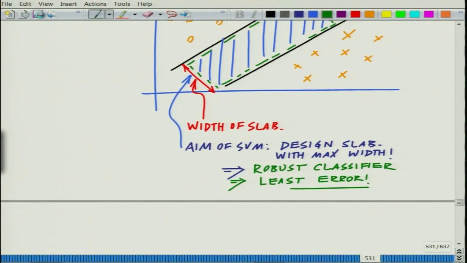We are talking about classification error. So, the thicker your slab, the more robust is your classifier, and the lower is your classification error. Alright. So, that is essentially the idea behind support vector machine.